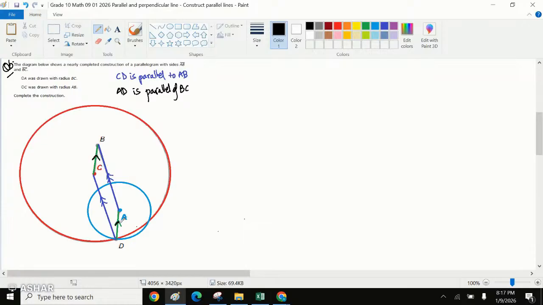This line will be parallel to this line. Okay, we just have to identify the two pairs of parallel lines and we simply connect them and draw the parallelogram. Okay, moving ahead.